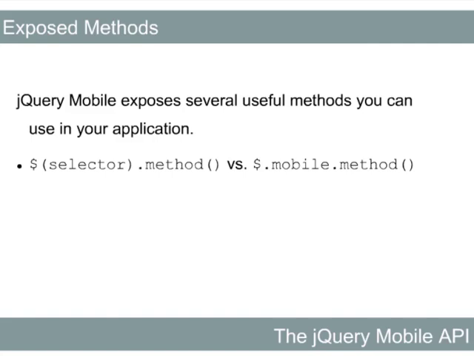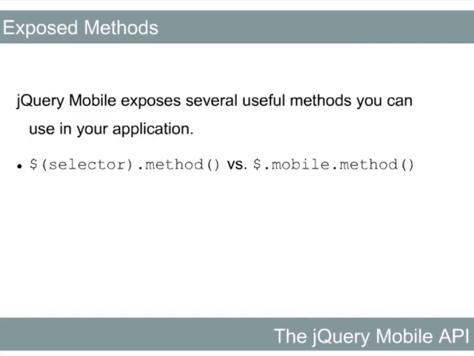Now, that's all the events. So we can talk about the methods that jQuery Mobile exposes for you to use. There's a whole bunch of them, and most of them are convenience routines, but there's a couple of page manipulation ones. They're actually pretty useful. But first, I want to call out we're going to see a slightly unusual syntax which you might not have seen in your jQuery development.